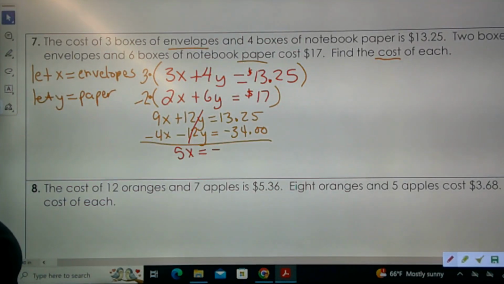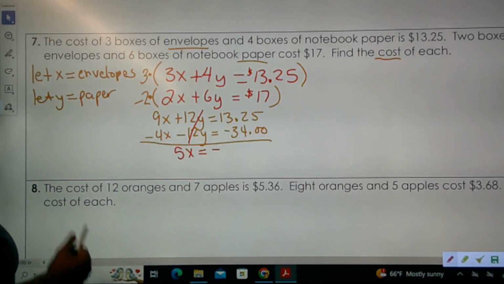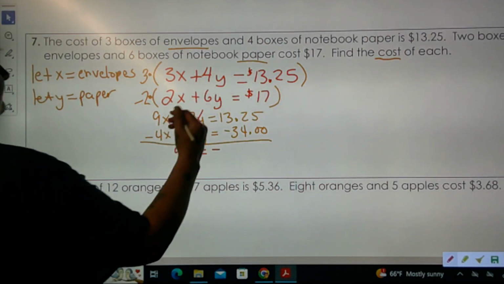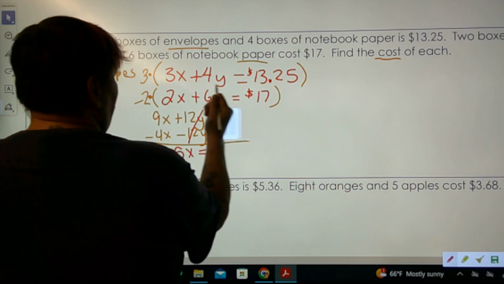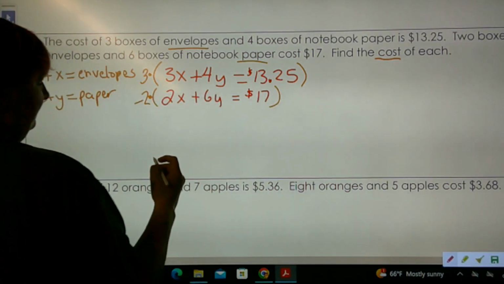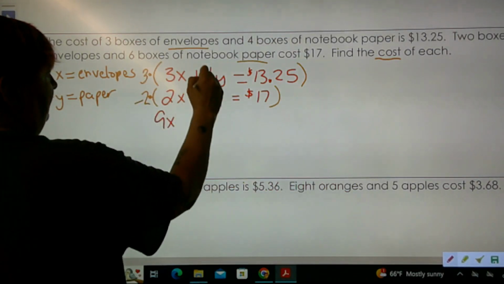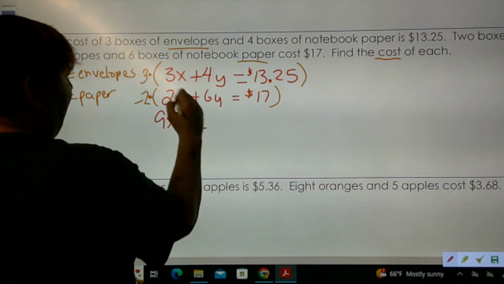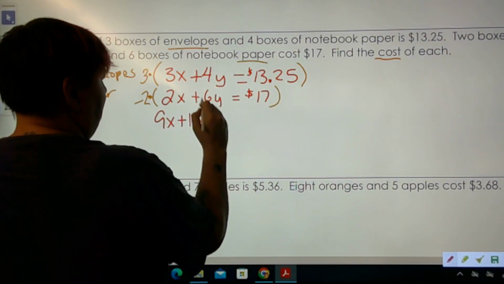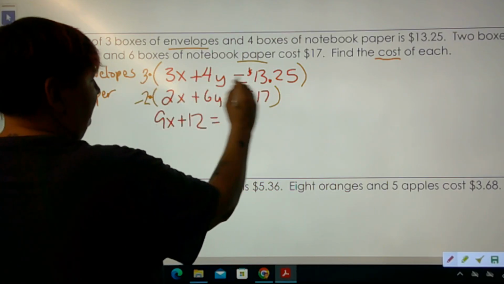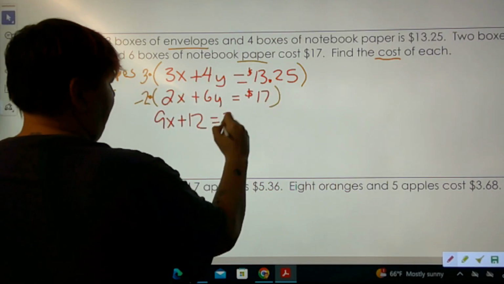I've already messed it up again. Alright, backing it up. Forgot to distribute. Alright, 9x plus 12y equals 39.75.